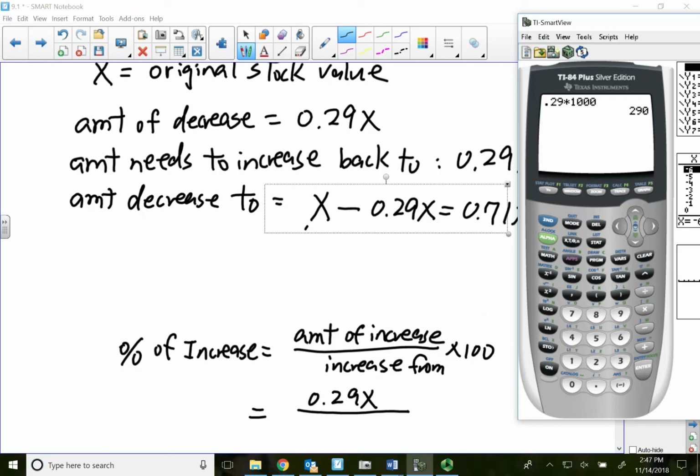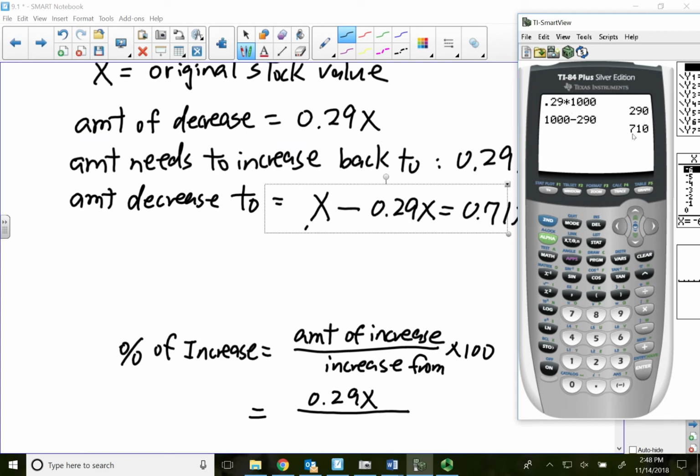After losing $290, the stock is now valued at $710. That is the amount I will actually increase from, not $1,000, because I no longer have $1,000.